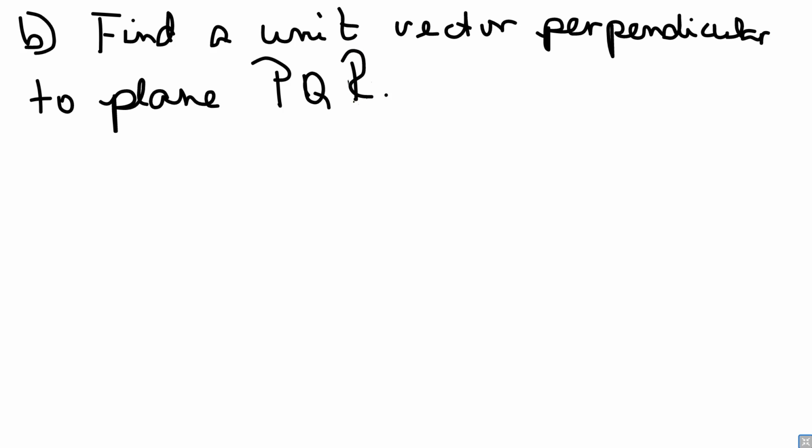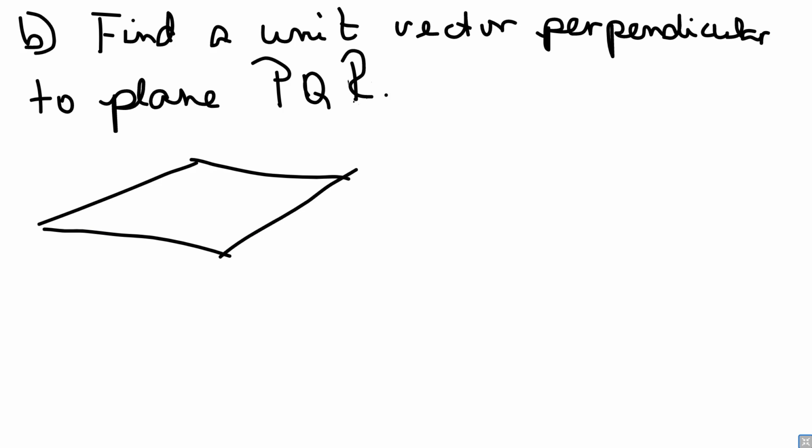So we're going to find a vector that is perpendicular to the plane of PQR. Right? So essentially what's happening here is we have this plane, and what we want to do is to find a unit vector that is perpendicular to this.